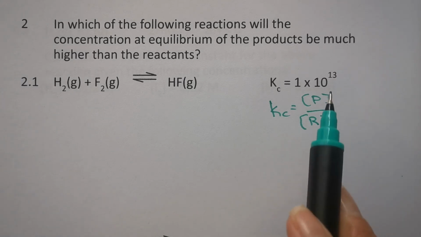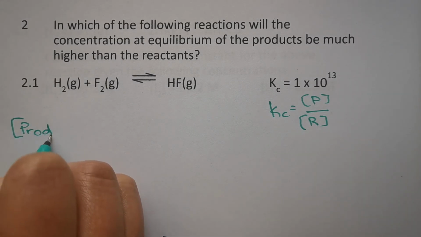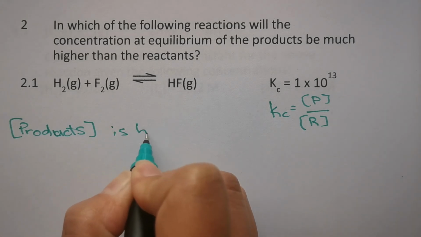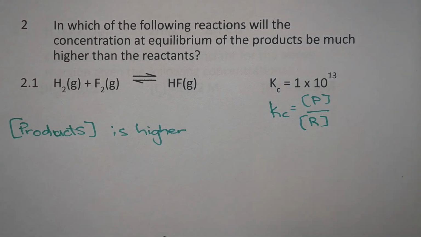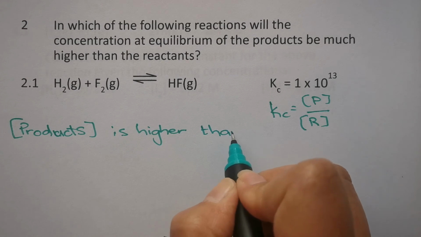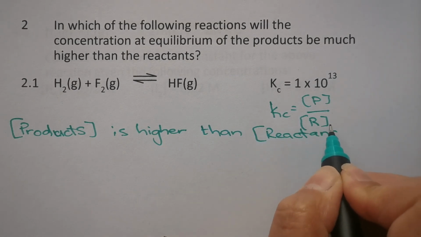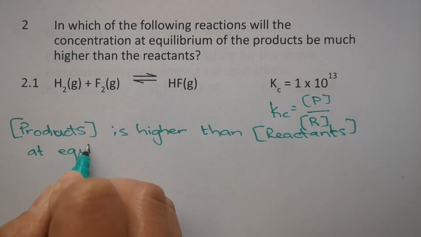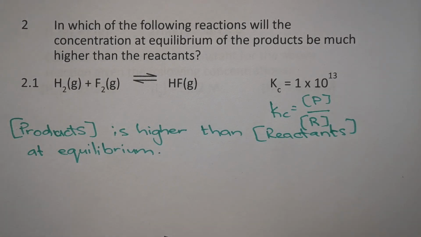So what this tells me is that the concentration of the products is higher than the concentration of my reactants at equilibrium. So what this tells me is that I'm going to get a lot of product out.